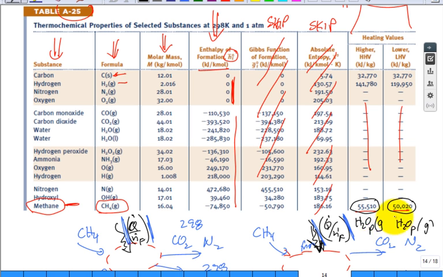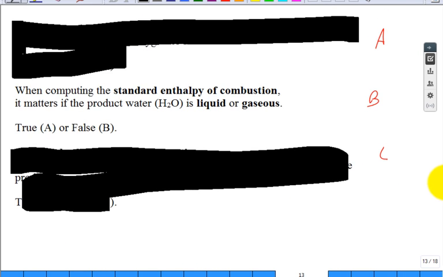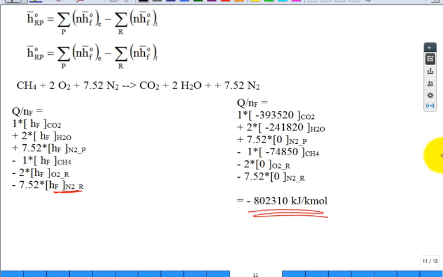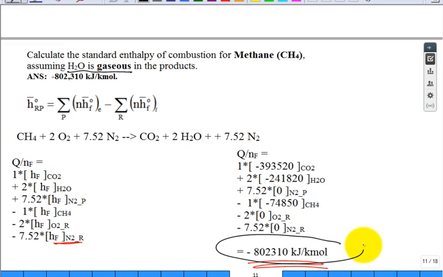Now, what did we solve right here? This problem was methane, and the water went out as gaseous. We had this number for our standard enthalpy of combustion. I think there's a relationship with that number. Can you write it down on your piece of paper, because I'm going to have to leave this screen. It's negative 802,310. Pay attention to the units: kilojoules per kilomole. Kilomole of what? Oxygen?